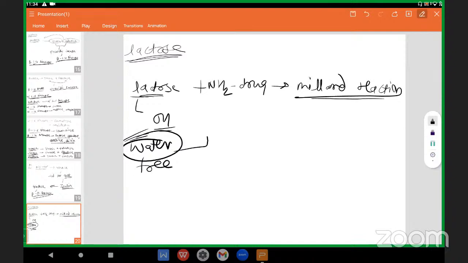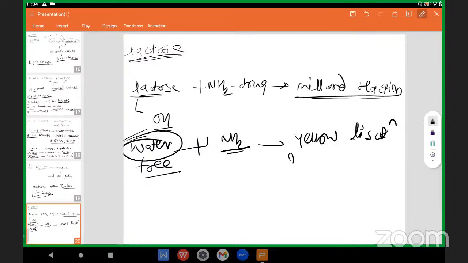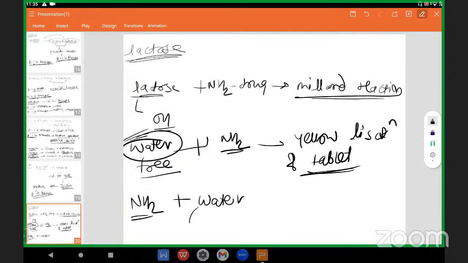That free water is going to react with the NH2, and it will show you yellow discoloration of the tablet. That we don't want. So whenever you use an API with an NH2 amine functional group, we cannot use it with the water present in the lactose, because it will give you the Maillard reaction.